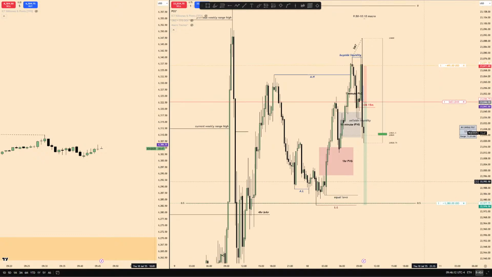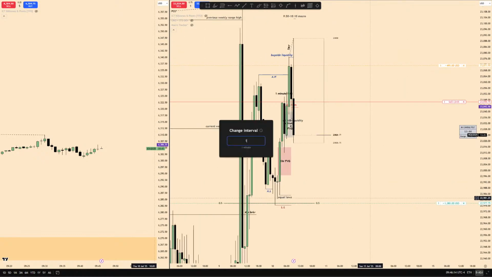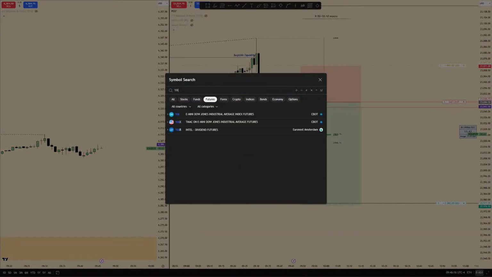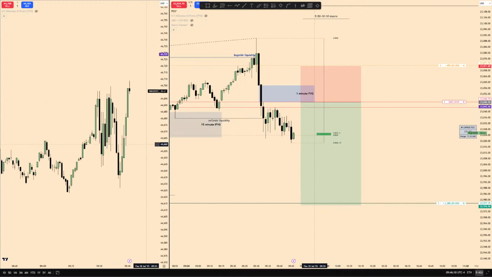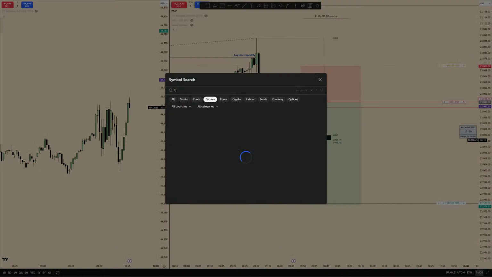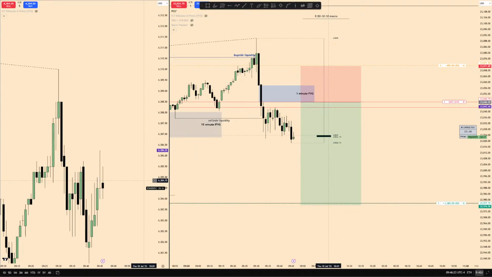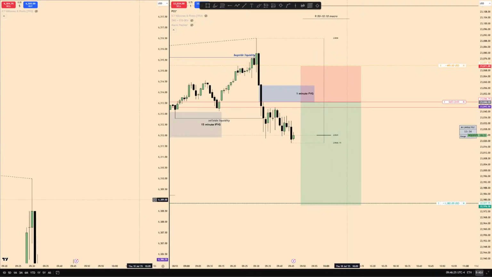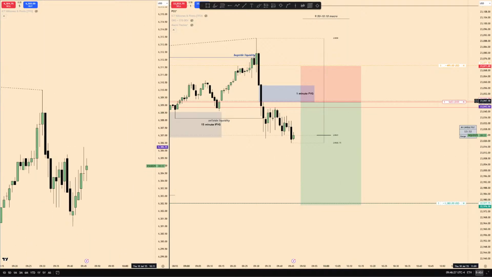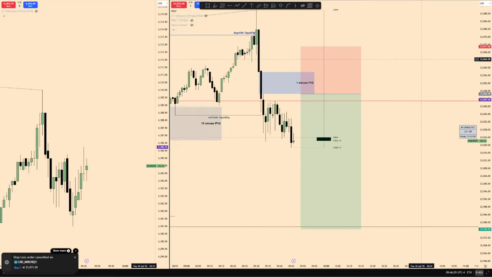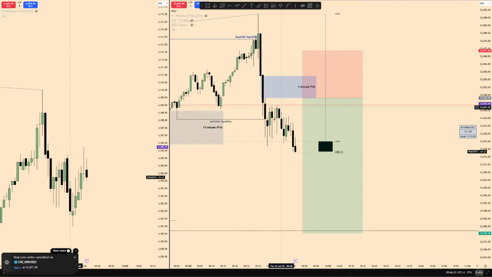Okay, why is YM pumping now? It's almost at the highs. Weird. ES is coming down. I actually took my limit off. I don't know if I want to be tapped in on a limit if it went right up there.